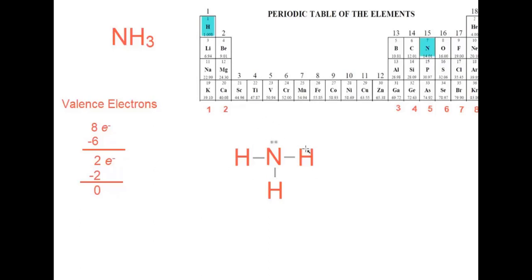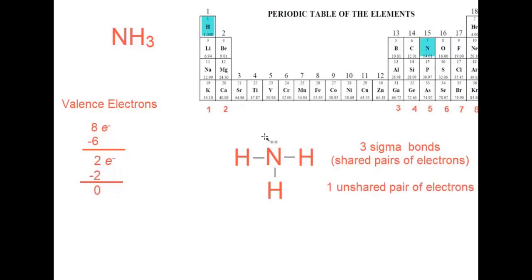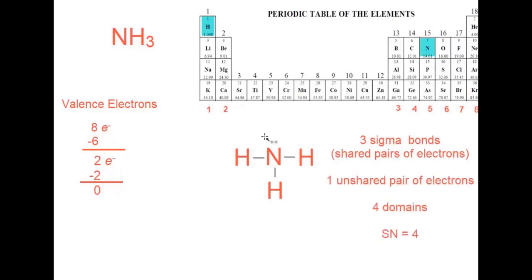But okay, we've got our Lewis dot structure, but let's go to the next step, which is an important one, which is to identify the domains. We have 3 sigma bonds, 3 shared pairs of electrons, and this is something new. We've got an unshared pair up here that completed our octet, and so we would end up saying that we have 4 domains.